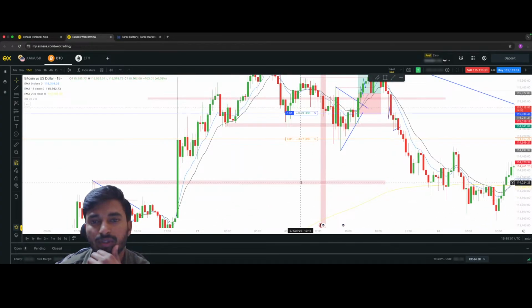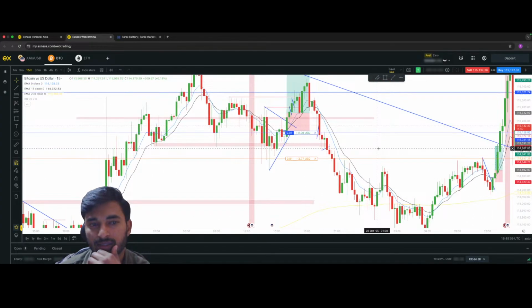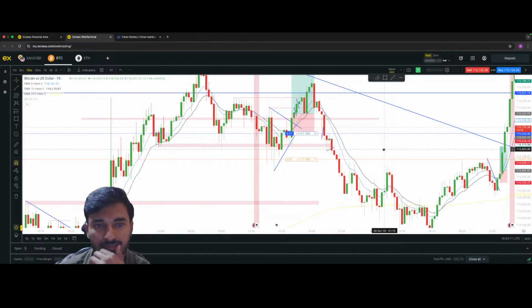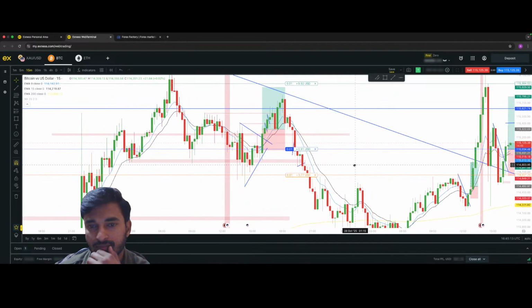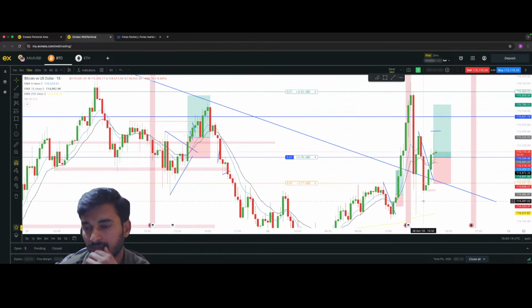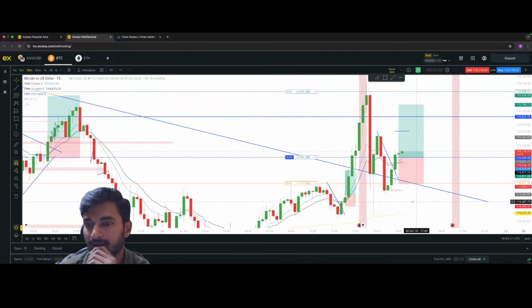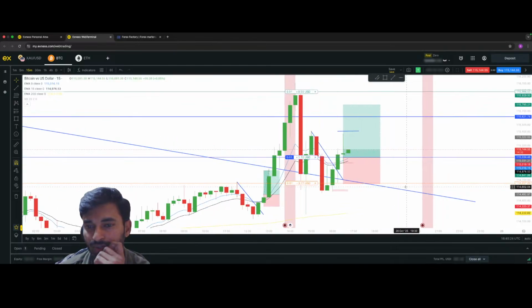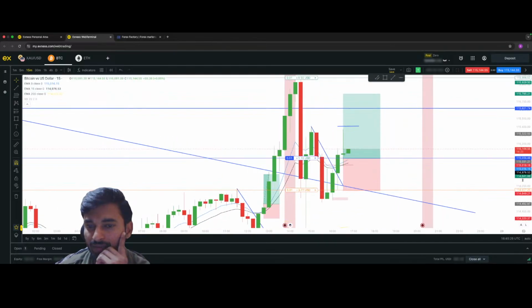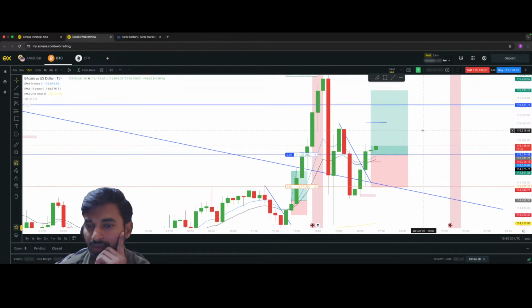Pure doji means there is no space. It has closed as a doji. Let's wait and watch. I think it might fall after the doji.